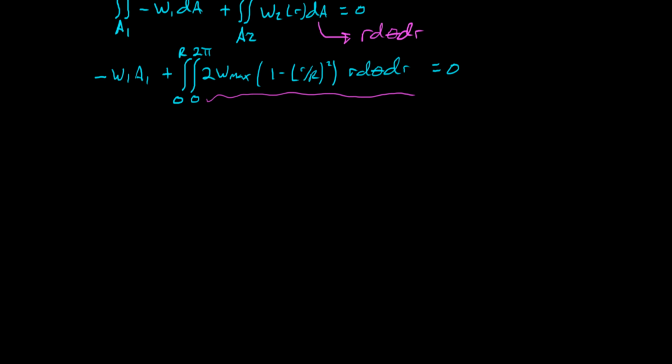R. So first off, the 2 and the W max can come out. So we can pull those out to W max. And now we have two integrals here, right? The 1 and this r over r squared, but there's this extra r here.